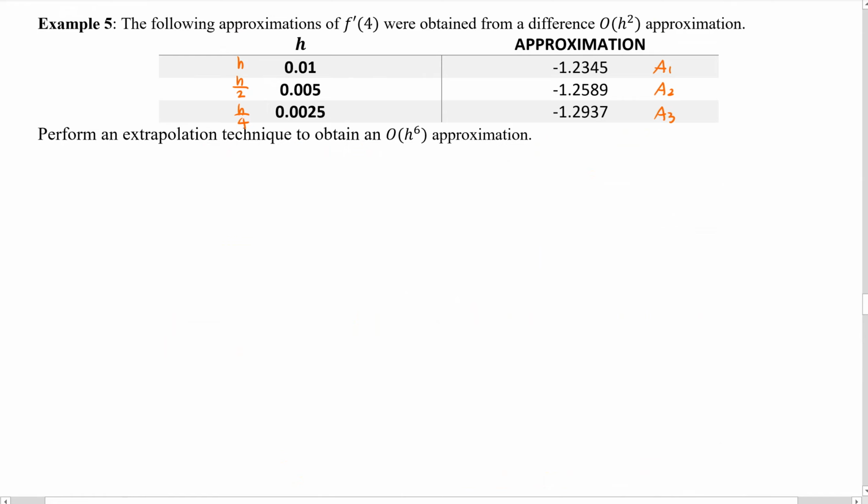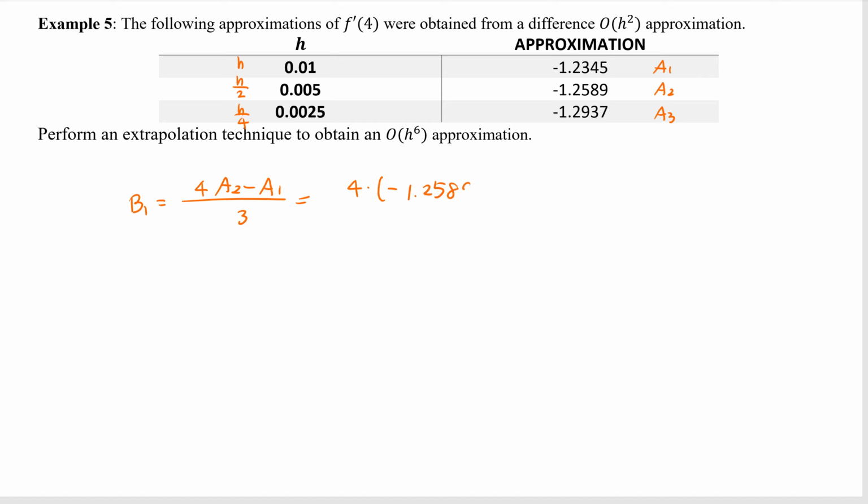So B1 is 4A2 minus A1 over 3. A2 is negative 1.2589 minus A1. So minus negative becomes positive 1.2345, all over 3. And what is that? Okay, let's use our calculator.